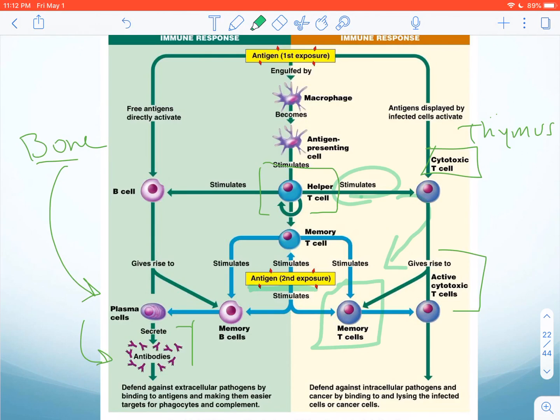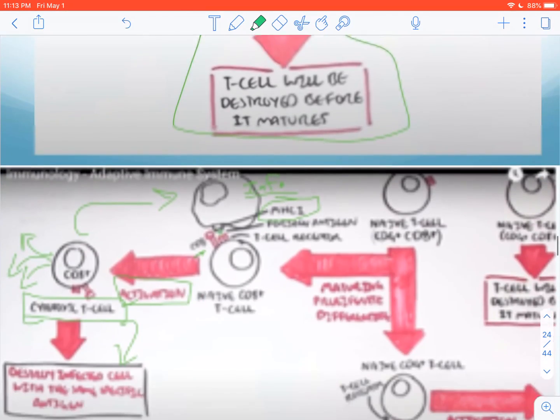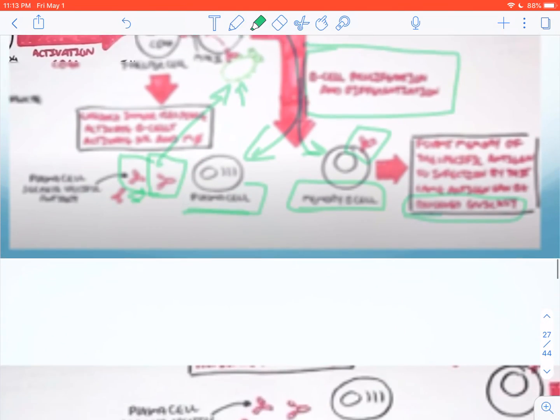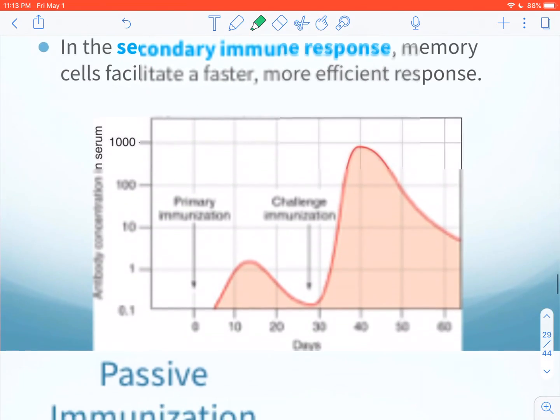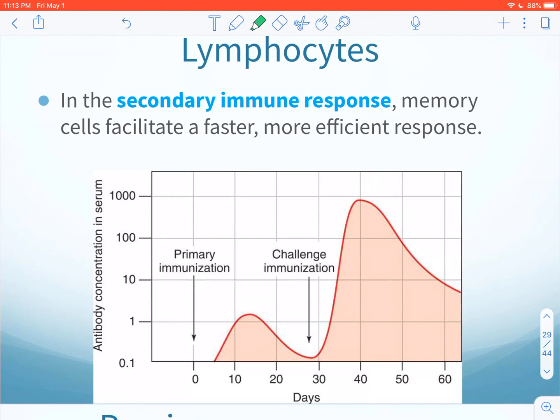Whenever that second exposure to the antigen happens, these can immediately become cytotoxic T cells. They also then become memory cells again. So you're boosting up your response. The speed of your response is much quicker upon being exposed a second time to a particular antigen, and the volume of, say, the antibodies that you're making is dramatically more.